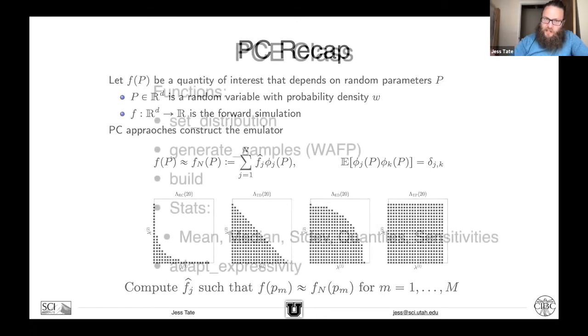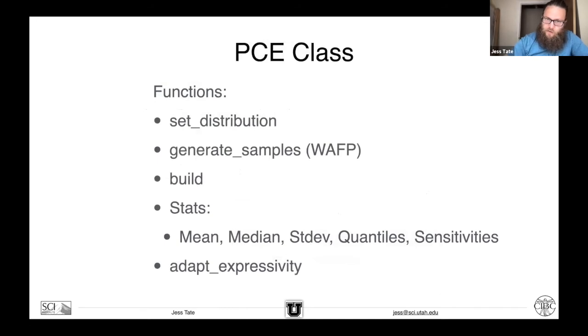So within the polynomial chaos class, which is a class within UncertainSCI, we have a few functions that are the most important, probably the ones you'll see most often and interact with the most. You have one where you set the distribution of the inputs, and you'll see this in all the examples.